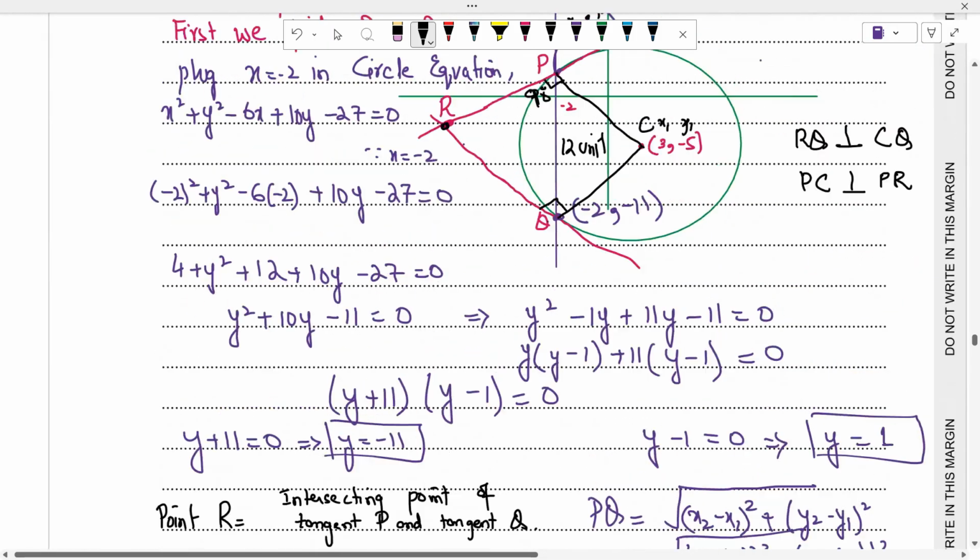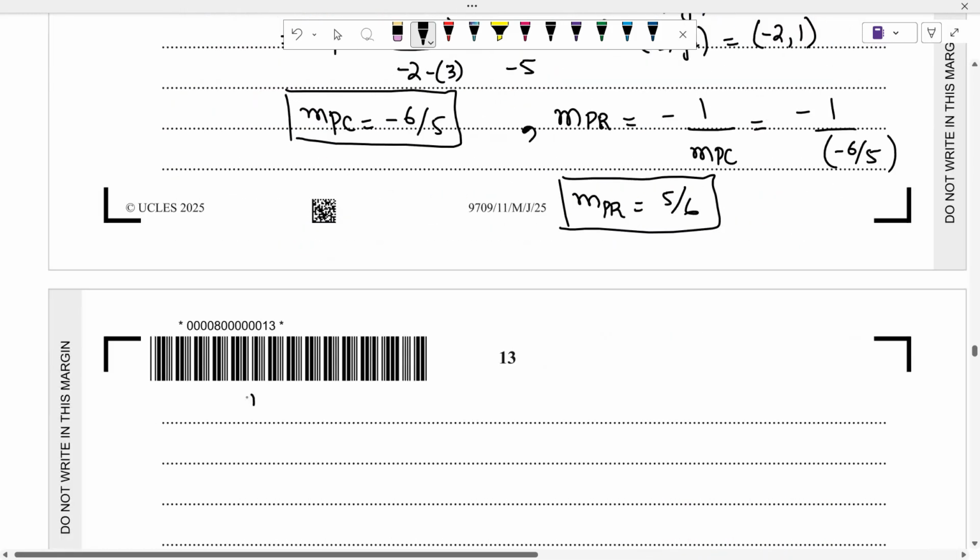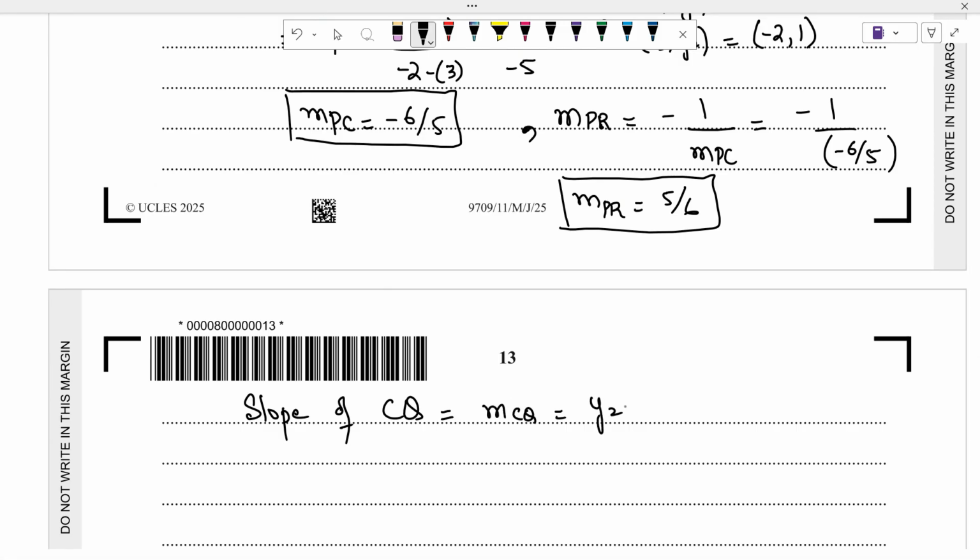Now we can find the slope of RQ by using the slope of CQ. So first we find the slope of CQ. The slope of CQ, MCQ, is equal to (y2 minus y1) over (x2 minus x1). In this case, C is (3, negative 5) and Q is (negative 2, negative 11).